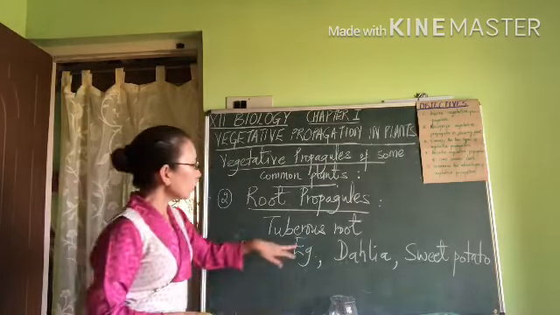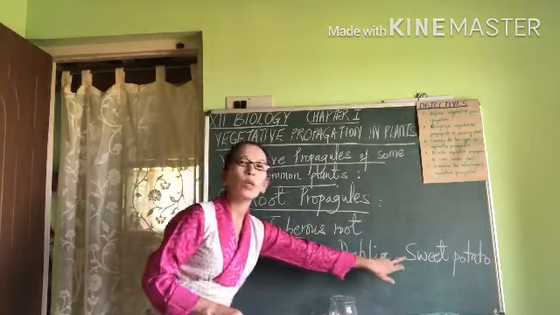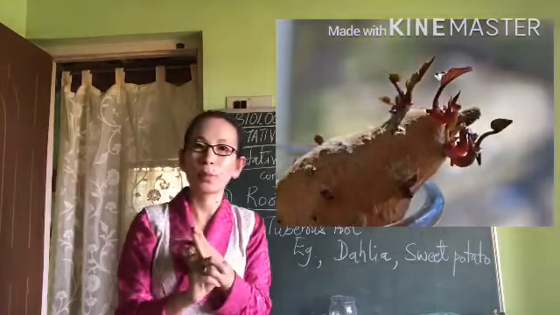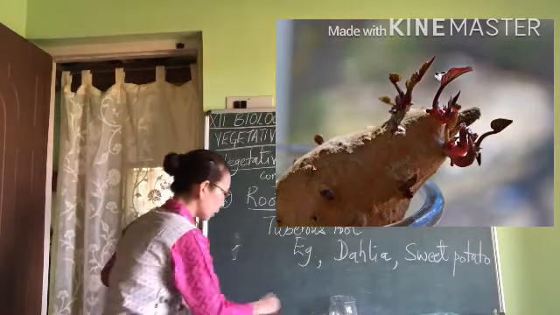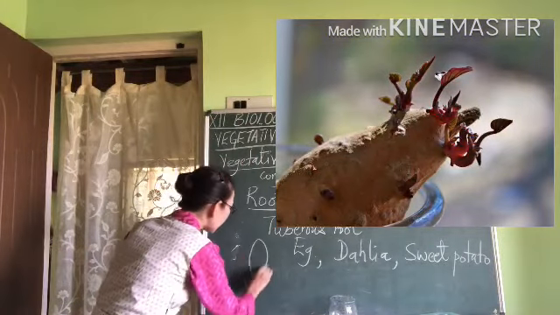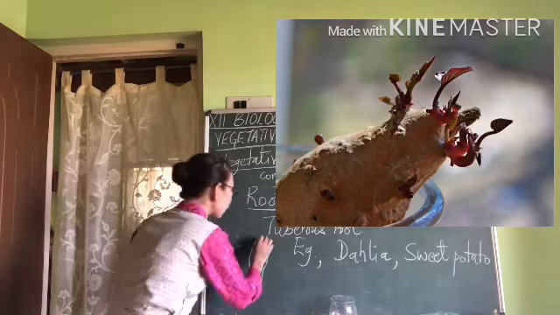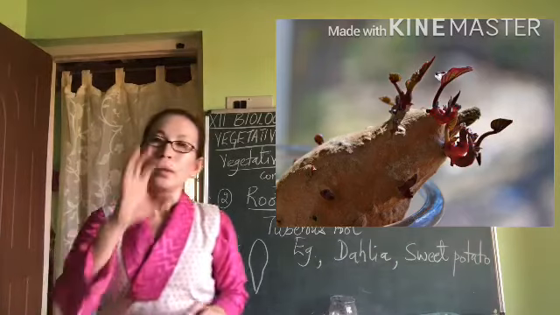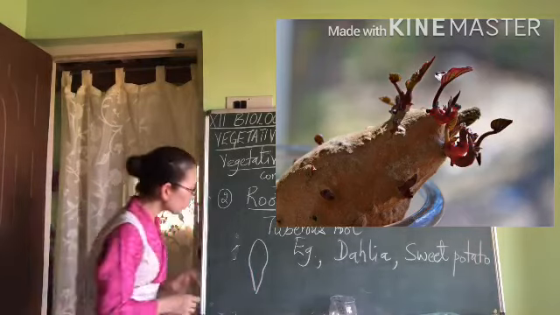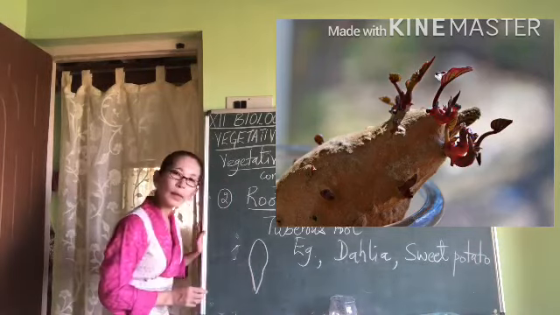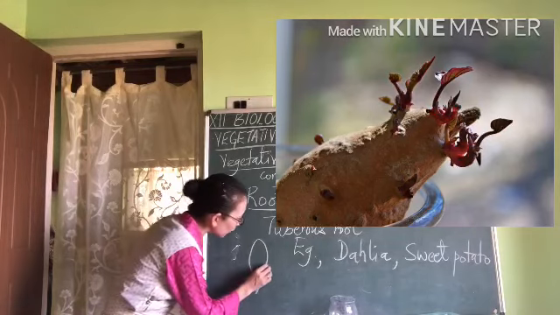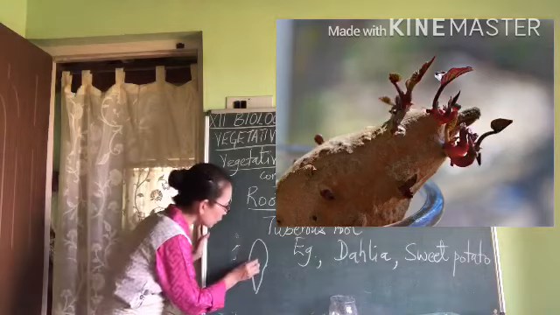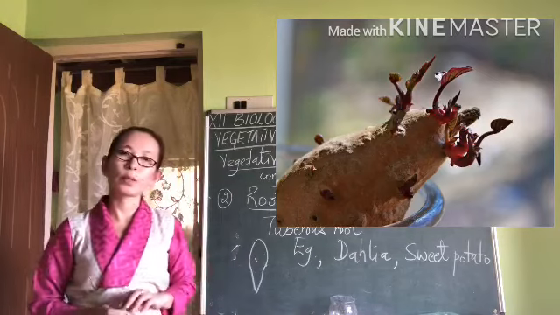Okay. Now, the tuberous roots of dahlia and sweet potato, right? They can also have buds on their surfaces. So the roots, you might have seen, like sweet potato, right? If you look closely at the sweet potato root, the tuberous root, at some points you might also see tiny buds on the surface of the tuberous roots, right?